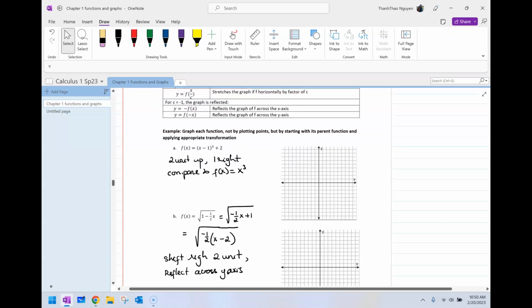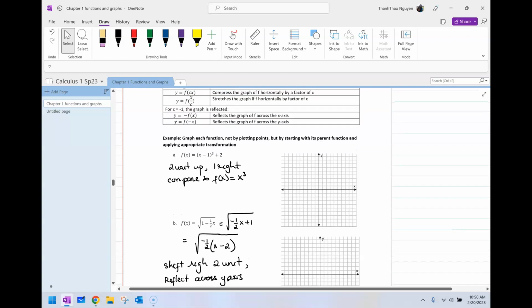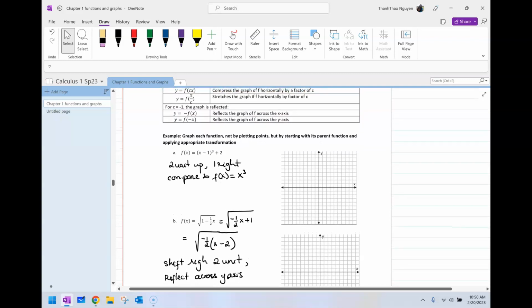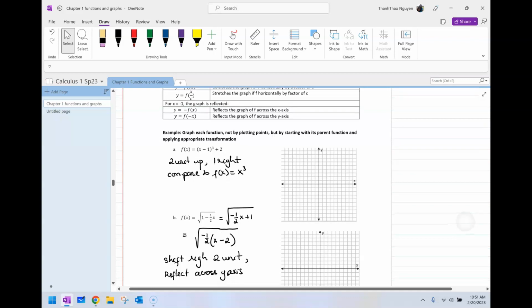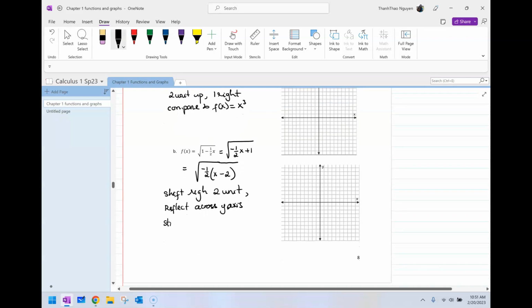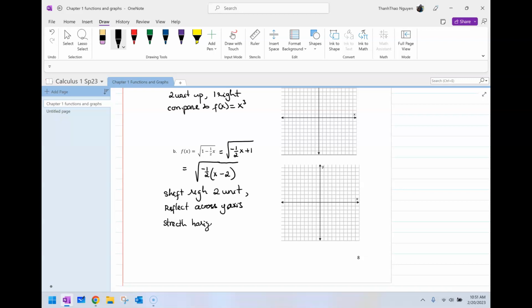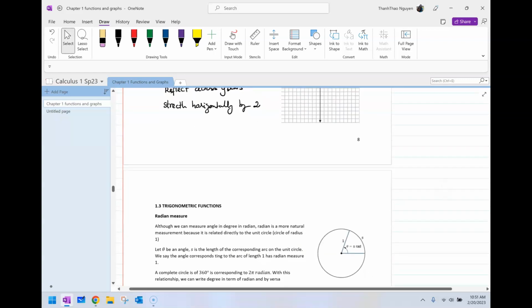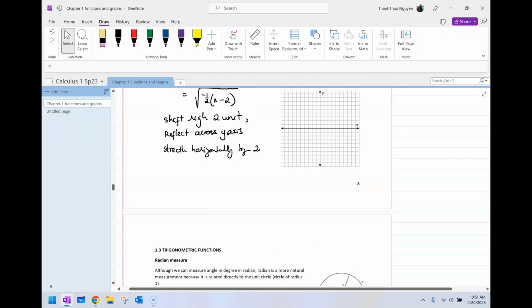And since we multiply by a factor of a half, this graph is stretched horizontally by a factor of 2. Okay. And that is our number 1.2.